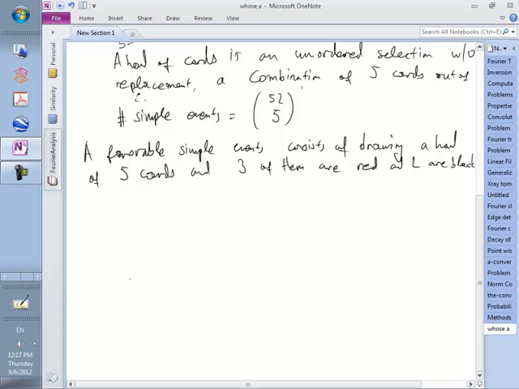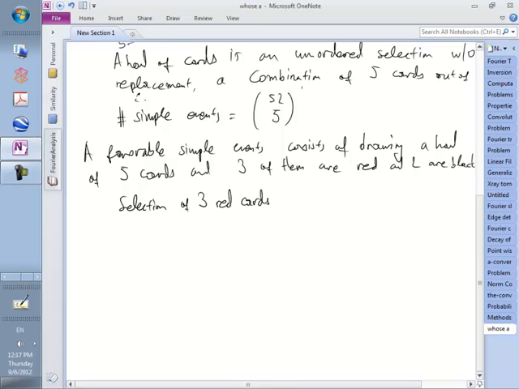So let's see in how many ways. Selection of 3 red cards first. How many red cards do we have? We have 26, and we select the 3 cards in the same way we select for the generic simple event.